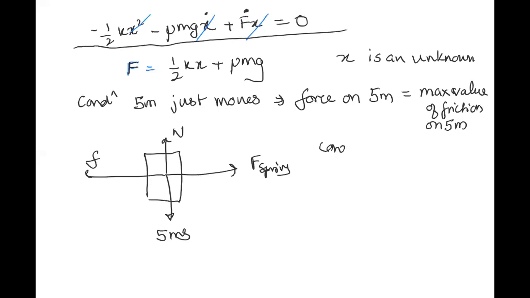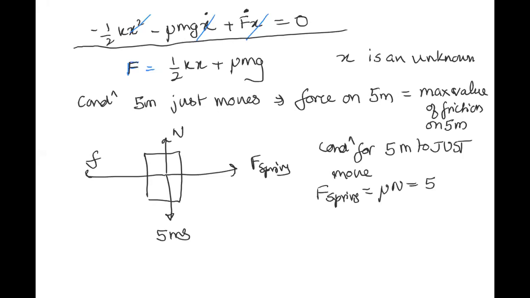So condition for 5m to just move surely must be that F spring should be equal to mu N, which is equal to 5 mu mg. Right? And F spring is equal to kx.